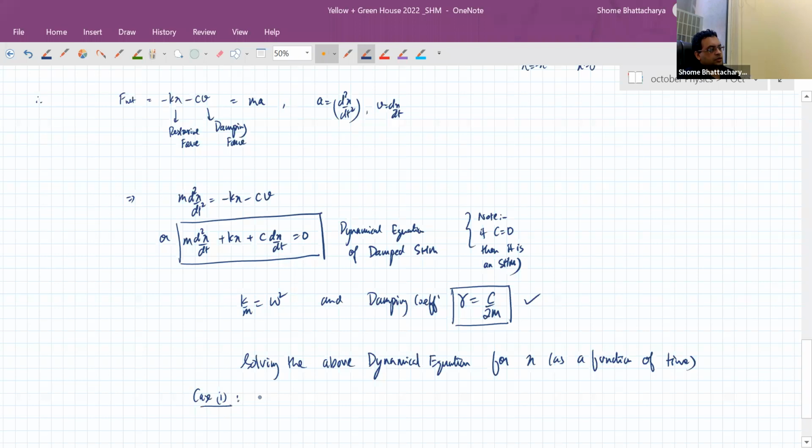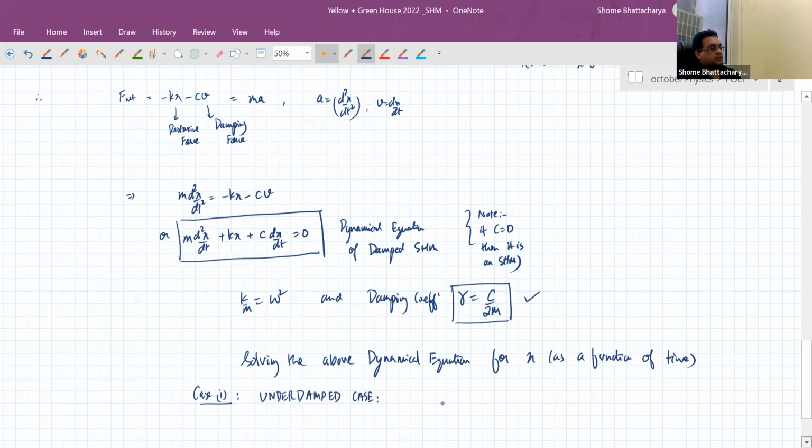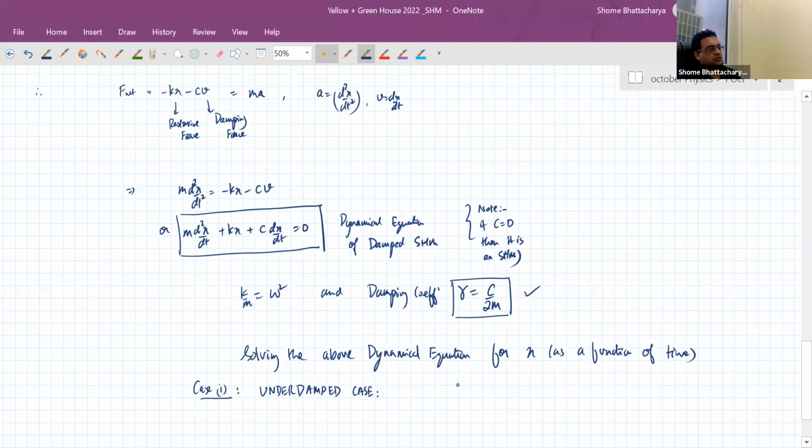Case one is called the underdamped case. So in the underdamped case, x is given by this kind of relation.